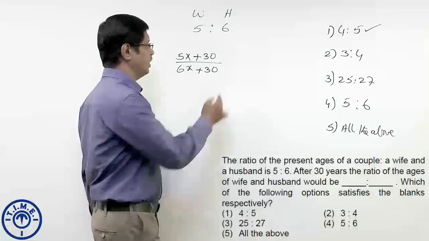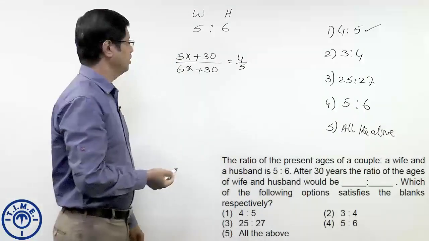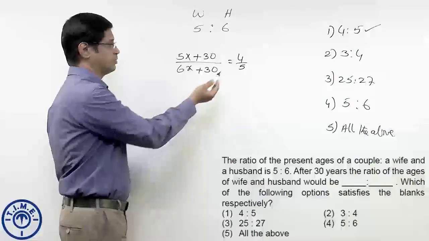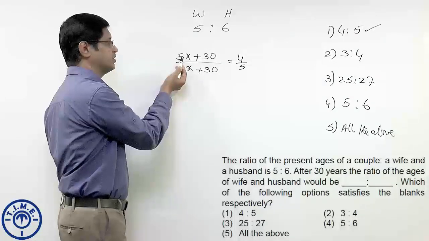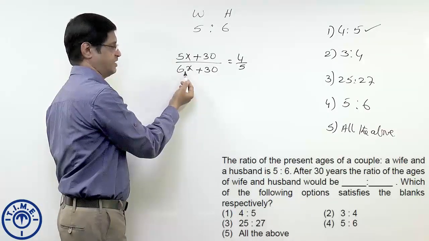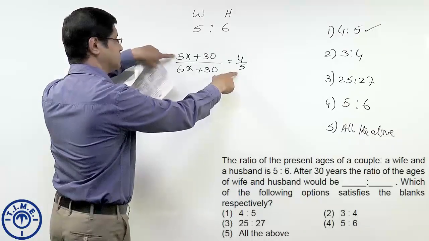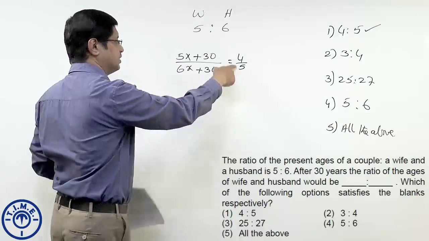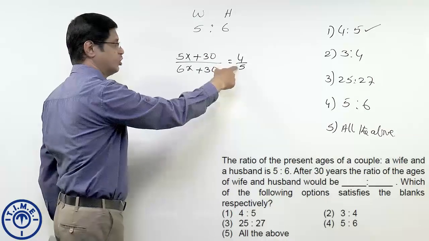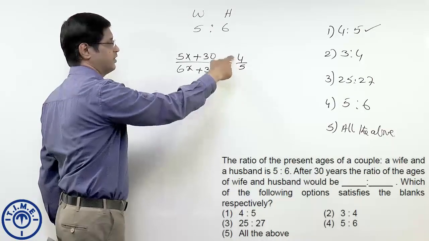So what is option number 1? It is 4:5. When you simplify with 4:5, what do we get here? Just by doing cross multiplication, 5 into 5 is 25x, 4 into 6 is 24x. 25 and 24 means the difference is x. Now if you observe the ratios, the denominator value is more than the numerator by 1.